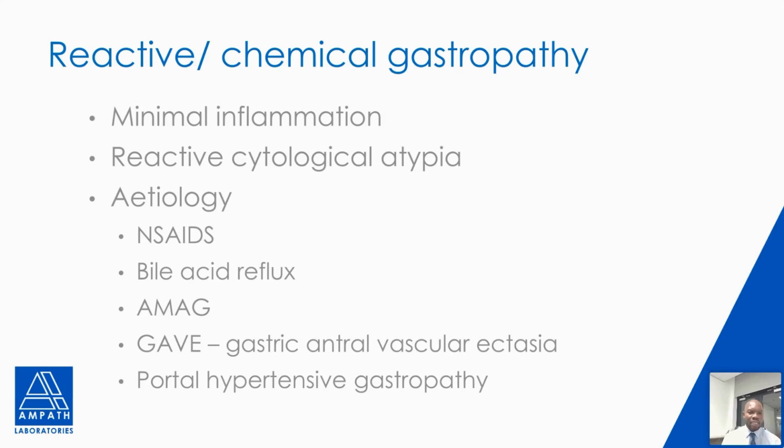It may also be seen as part of portal hypertensive vasculopathy. Again, the appropriate clinical history is important for us to make such a diagnosis, because the findings are just non-specific, so they can mimic several things.